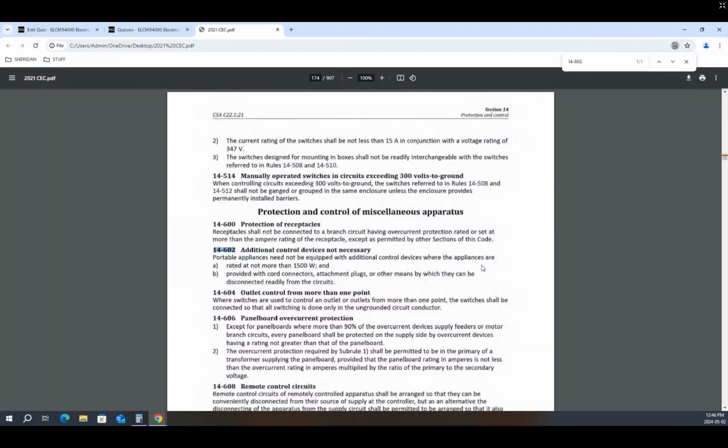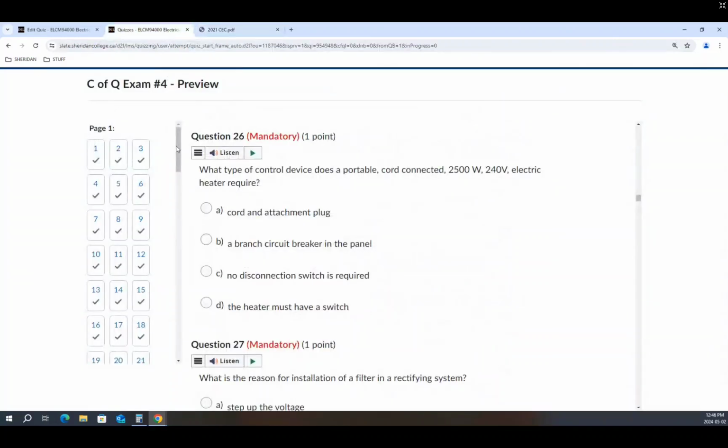Portable appliances need not be equipped with additional control devices where the appliances are rated at not more than 1500 watts, provided with cord connectors, attachment plugs, or other means by which they can be disconnected readily from circuits. So what type of control device does this require? A cord attachment plug, a branch circuit breaker in the panel, no disconnection switch is required, or the heater must have a switch.